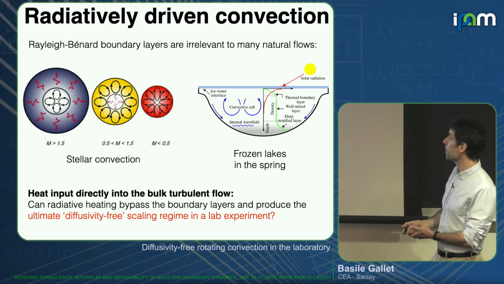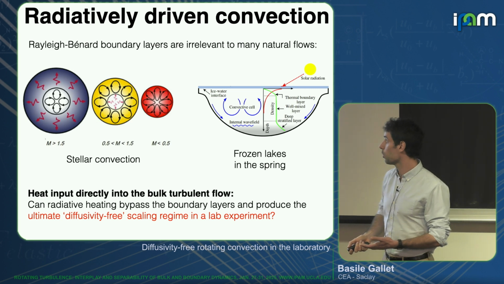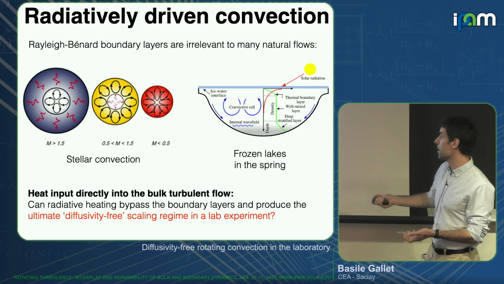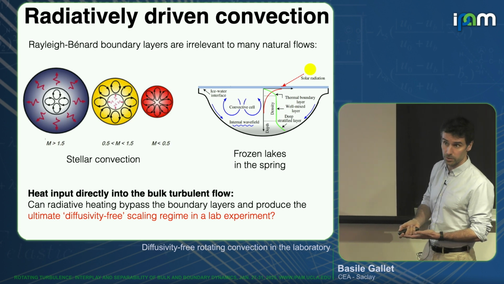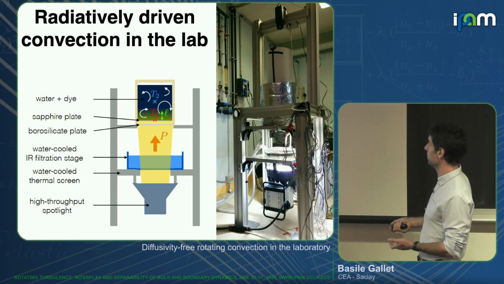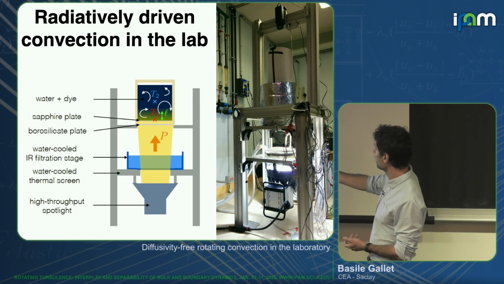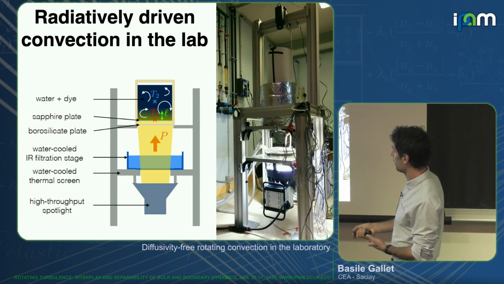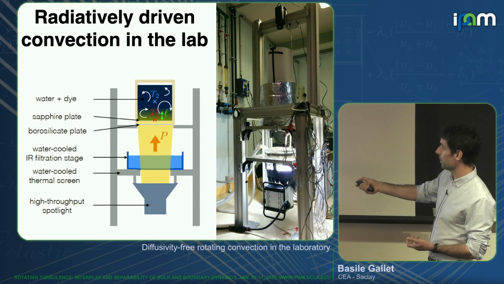So we thought, maybe we could design a lab experiment where we heat the fluid radiatively, bypassing the boundary layers, and maybe that would be one way to observe the diffusivity-free regime in the lab. Okay, so that's the lab experiment. It's really quite simple. There's a tank here with a transparent bottom plate, and a really powerful spotlight shining at the tank from below.